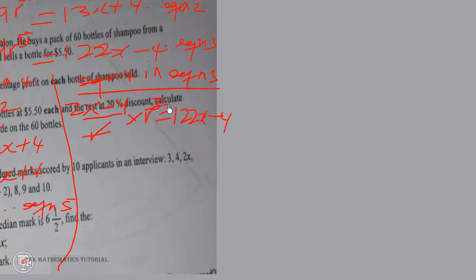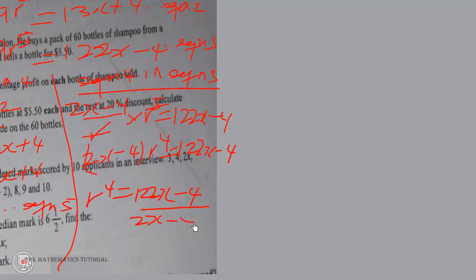So this will cancel this. So we are going to get 2x minus 4 times R exponent 4 is equal to 122x minus 4. So it means R exponent 4 is equal to 122x minus 4 over 2x minus 4. Equation 6.